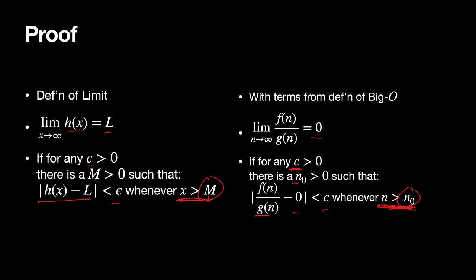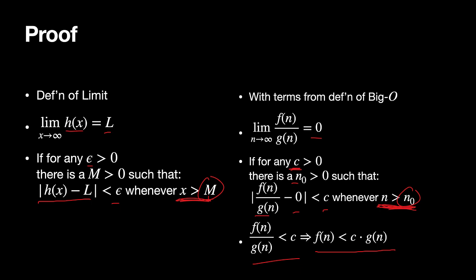Okay, so let's simplify this a little bit. We'll drop the 0 term here, and that gives us the ratio will be less than c, and we can multiply through by g of n to get something that looks very familiar to us. So f of n is less than c times g of n.